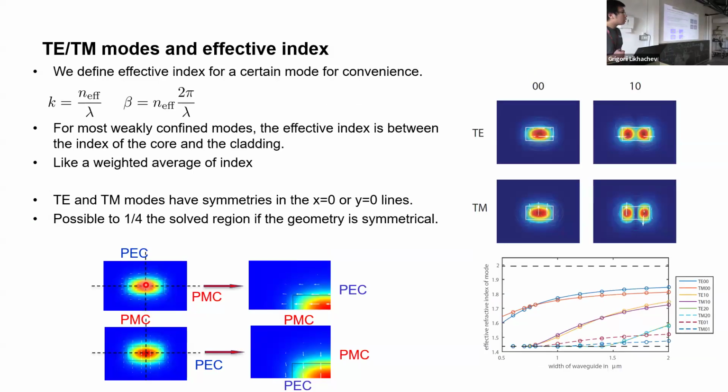I don't understand what's the link between TE mode and the axis of symmetry, the electric conductor.